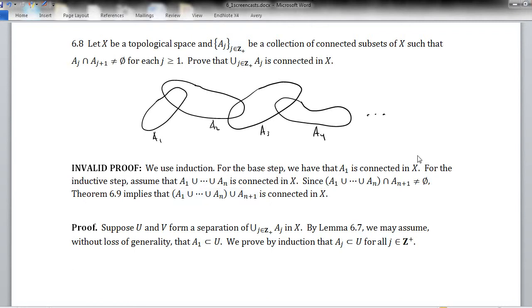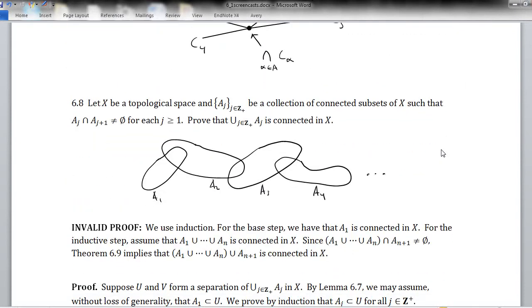Okay, and so I can apply theorem 6.9 just to a pair of sets, the first set being A1 union through AN, and the second set being AN plus 1. It's true that the intersection of these two is non-empty because I know that there's a point in AN and in AN plus 1.